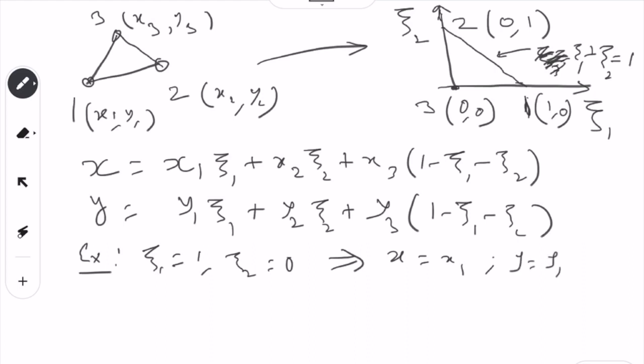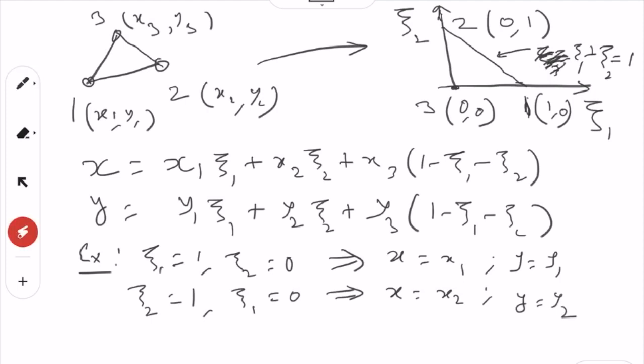Similarly, xi2 equal to 1, xi1 equal to 0, we get x equal to x2 and y equal to y2. Now put both xi1 and xi2 equal to 0.